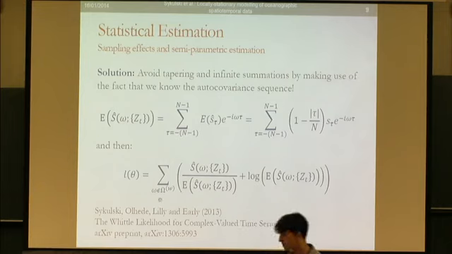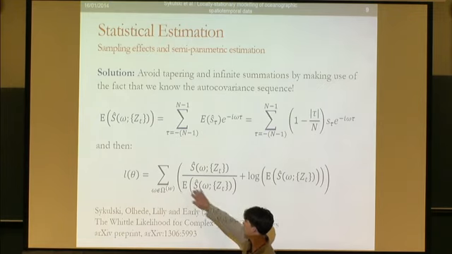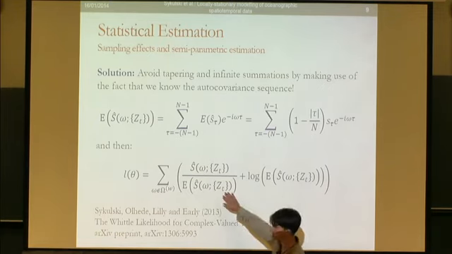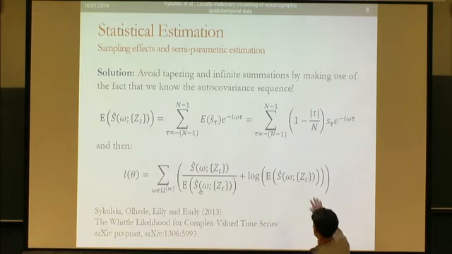So what we do with the Whittle likelihood is we replace the true spectrum with the expected value of the periodogram in these two positions, by using this relationship in the top equation.